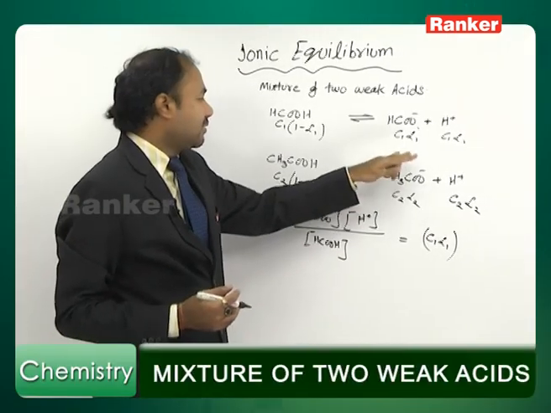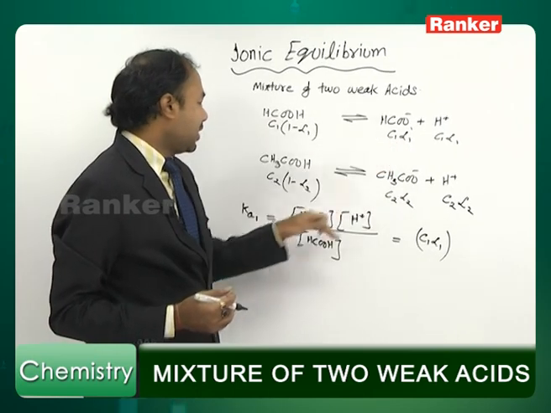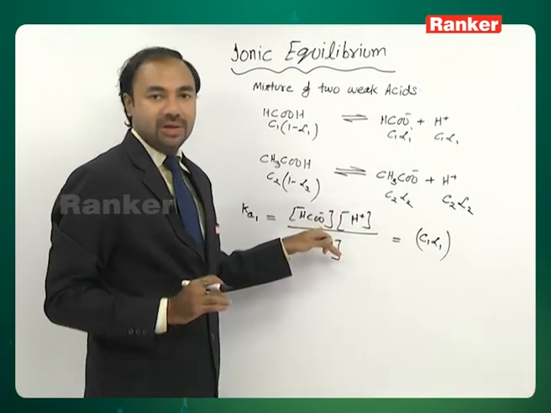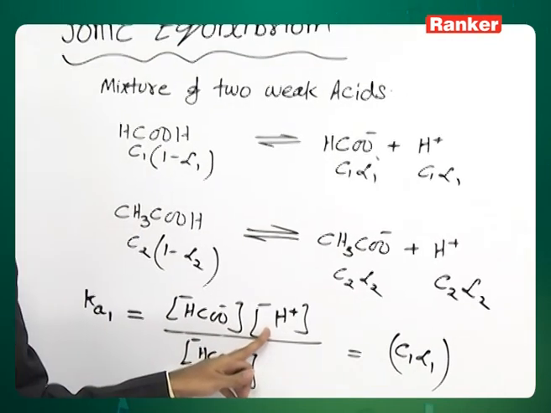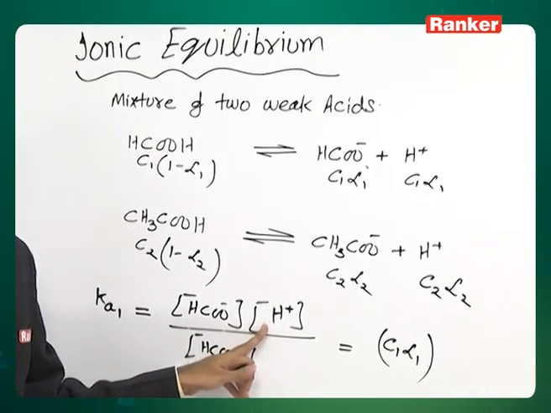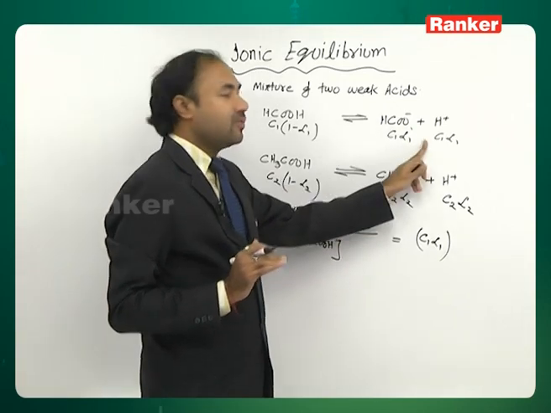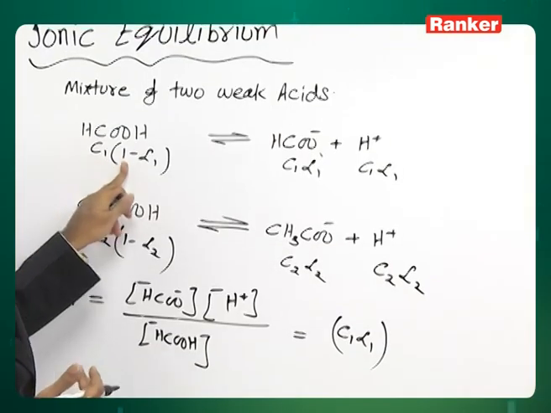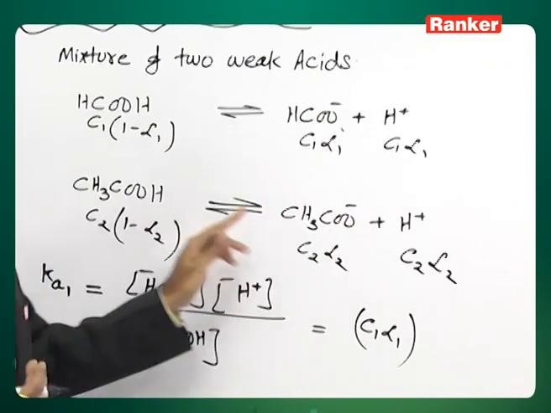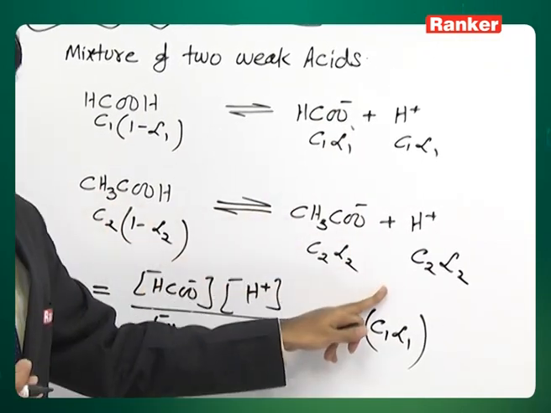See, that's what we have been doing here. Whenever you are putting the concentration of any species, this must be the total concentration of that species present in the solution. Here, concentration of H plus we are getting from two things. Number one, by dissociation of formic acid. Number two, from dissociation of acetic acid.